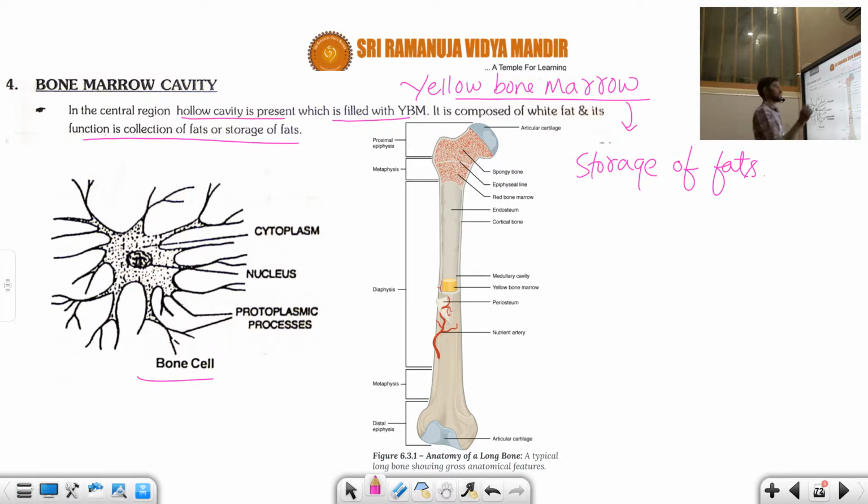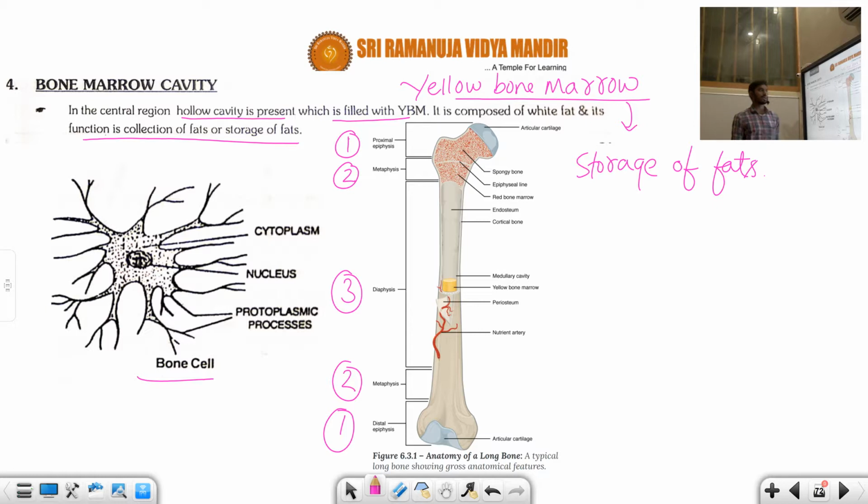For example, the bone is actually differentiated into three parts, students. The first part is called the epiphysis. Here also epiphysis. The second part we call the metaphysis. Here also metaphysis. And the third part we call the diaphysis.